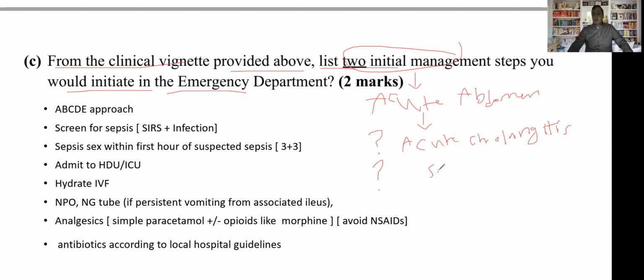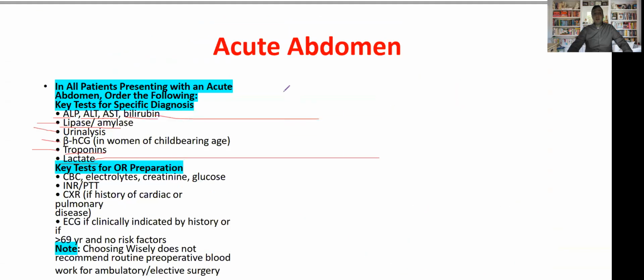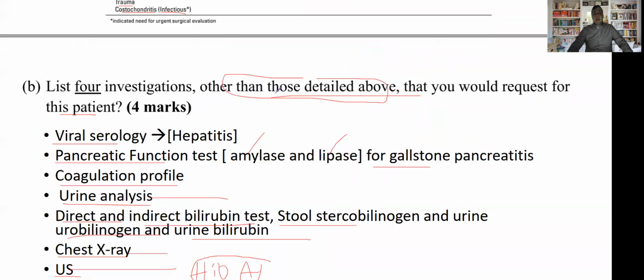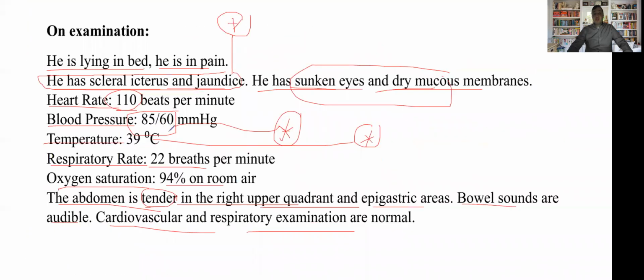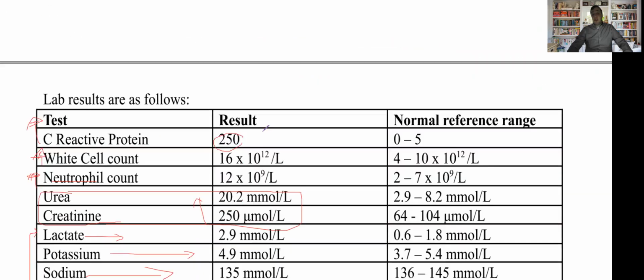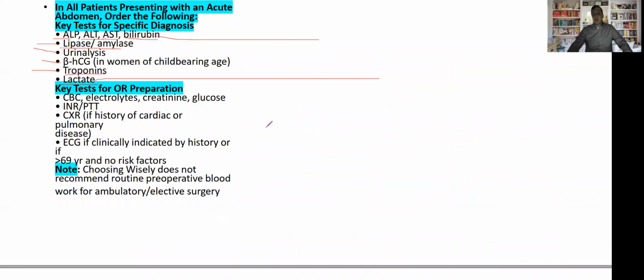So the patient is query acute cholangitis and he has acute abdomen, and the patient is query septic. The reason I'm talking about sepsis is that the patient is hypotensive, and so the patient might have either sepsis or hypovolemia.